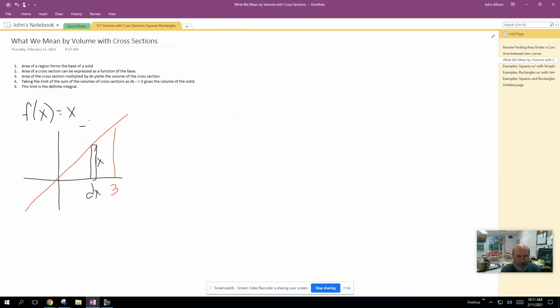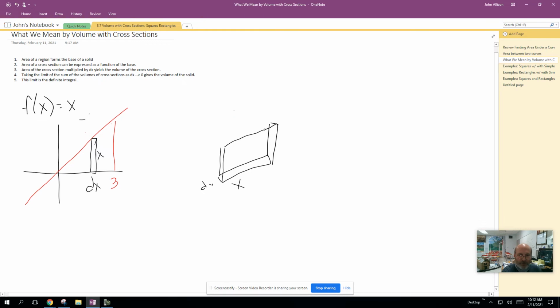It's really a rectangular prism where the base of that rectangular prism is dx by x, and this is the actual cross section. Because it's a square on its face, the height is also x.